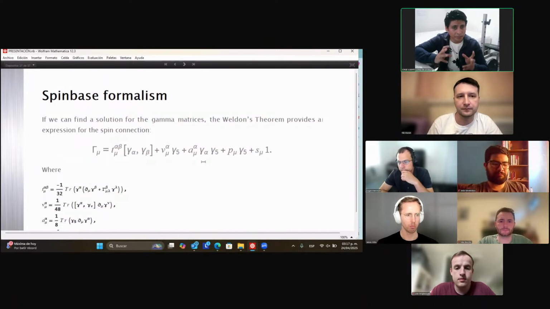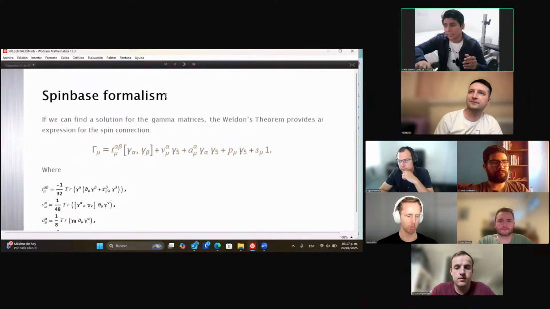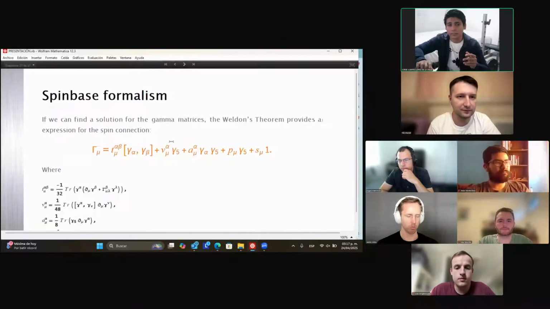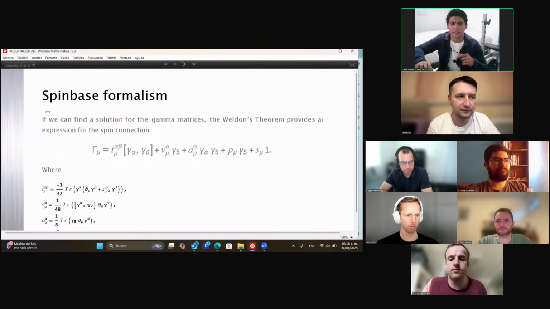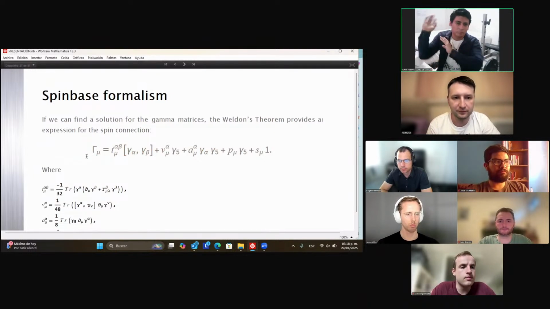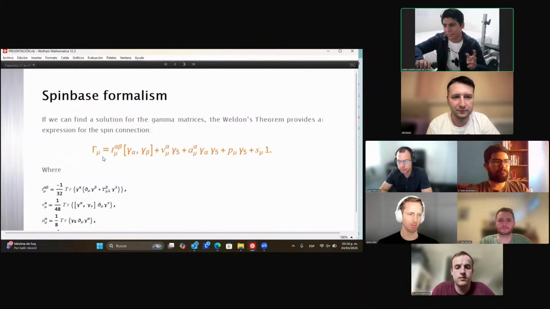It's not usual that someone uses this spin-based formalism. It was proposed in the 80s, but because it's very hard to compute, people forgot it. People dropped it. People don't have interest in using this spin-based formalism.